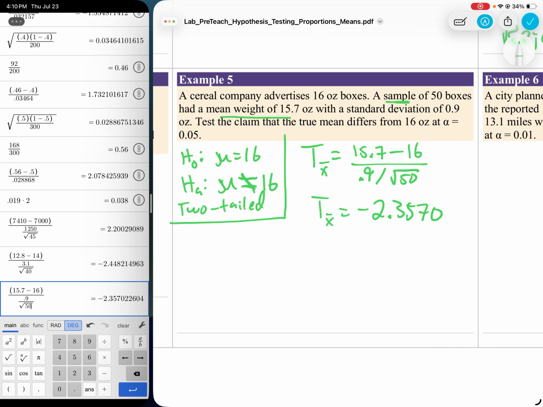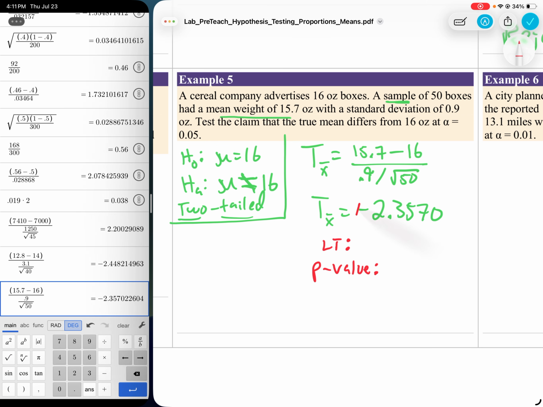2.3570. Now, when we get a two-tailed test, we need to go grab either the left or right tail and multiply it by 2 in order to get our p-value. When we need to decide, do you want the left or right tail, we're going to look at the sign of the test statistic. I have a negative t-score here, which means I'm going to go grab the left tail and multiply that by 2 in order to get my p-value.